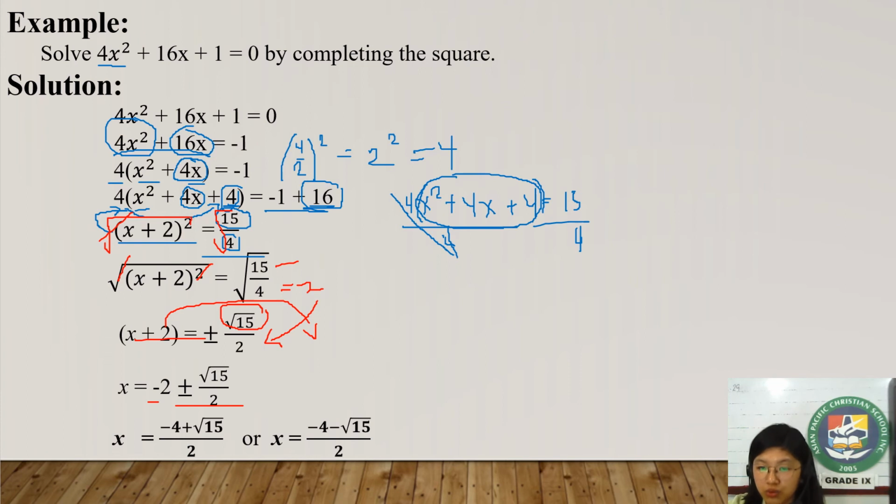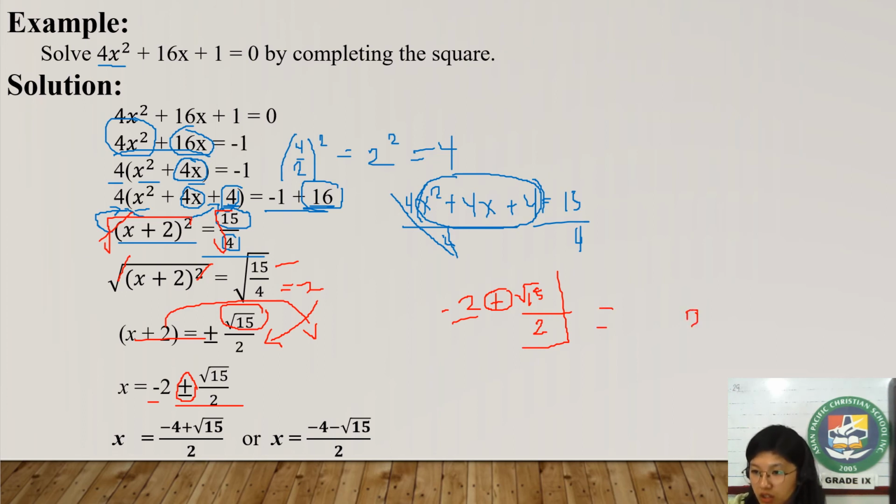Then, para makuha yung value ng ating x, so, i-separate natin itong positive and negative. So, we have negative 2 plus square root of 15 over 2. So, since dito, meron tayong addition of whole number and fraction, we have to get the LCD.